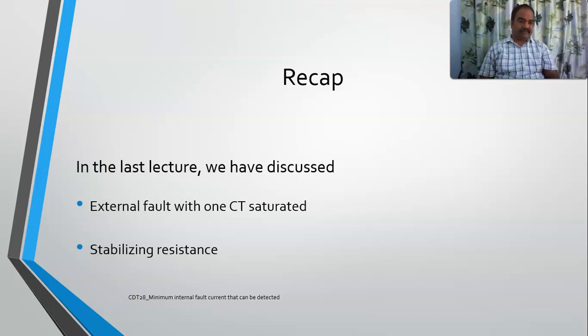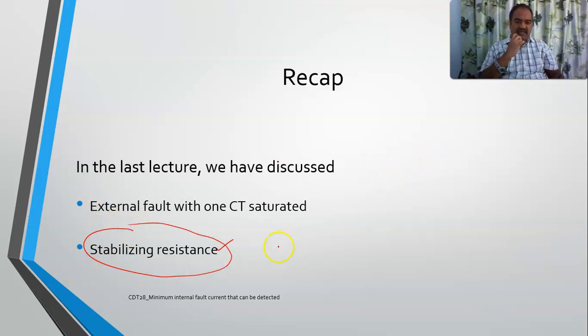That particular resistance is called the stabilizing resistance. And we have also derived an expression for the stabilizing resistance, isn't it?